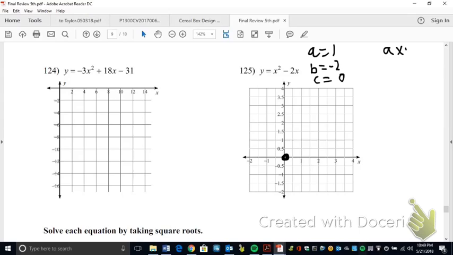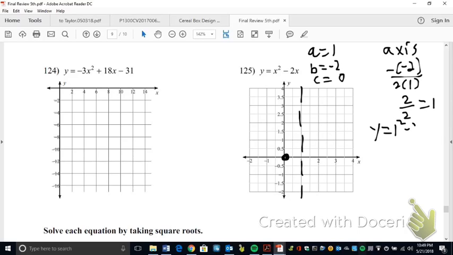Now, to find our axis of symmetry, we're still going to go negative b over 2a, or negative negative 2 over 2 times 1, or 2 over 2, so this time it's just positive 1. So that's our axis of symmetry. Vertex, we're going to plug the 1 back in.